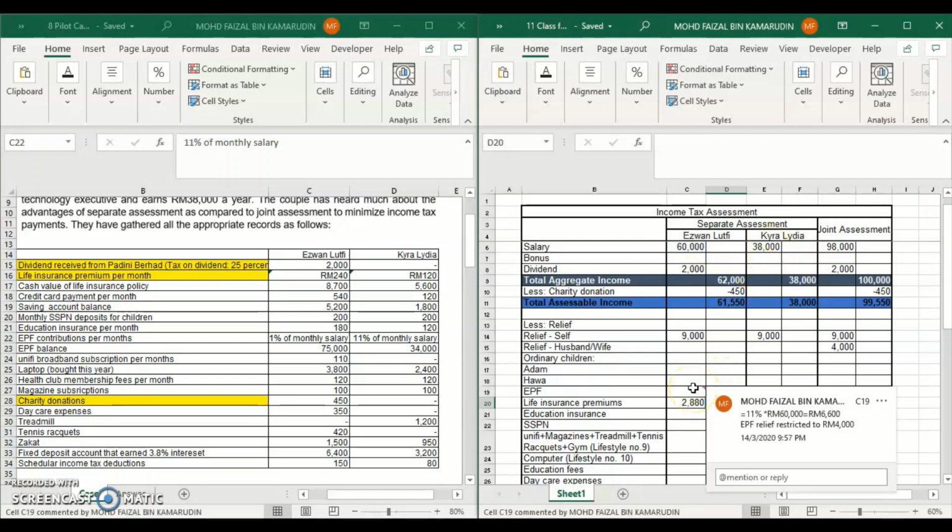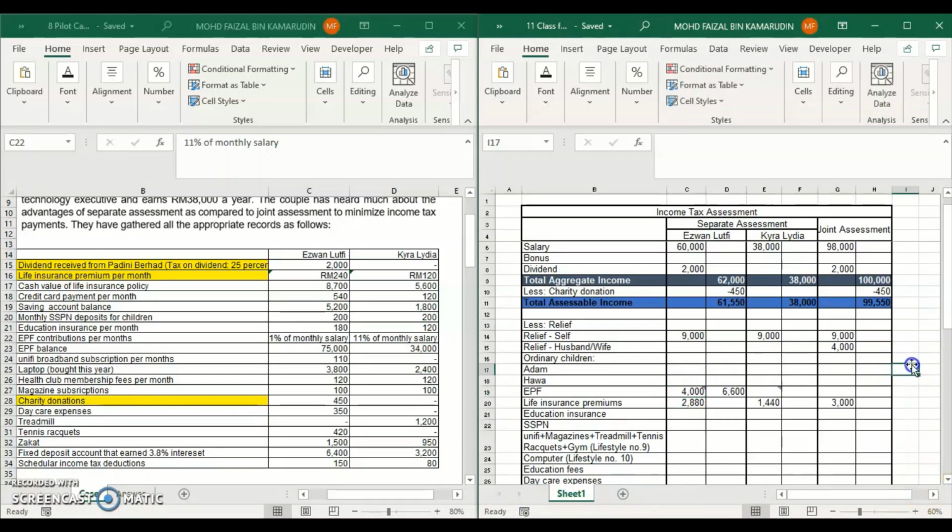If you refer to item number 20, now they can only claim up until 4,000 for EPF. So instead of 6,000 here, you just give them 4,000. Same goes for Kaira, 11% times salary, 4180 still exceeds, so we just take 4,000. Let me delete this one.